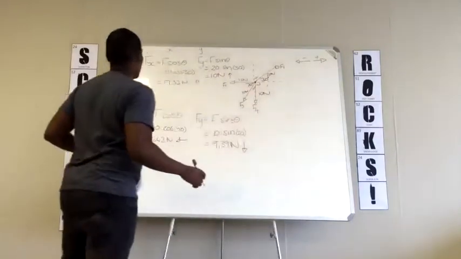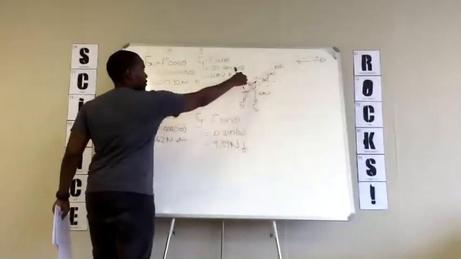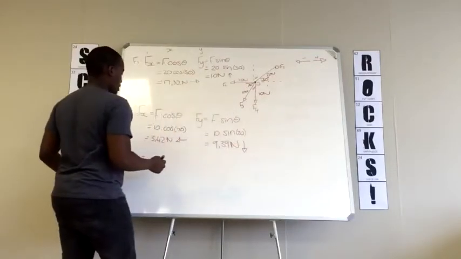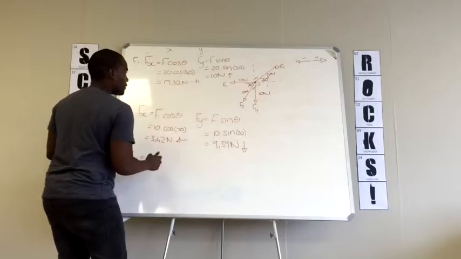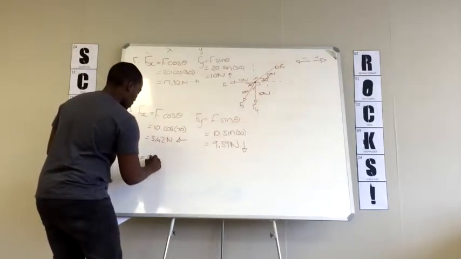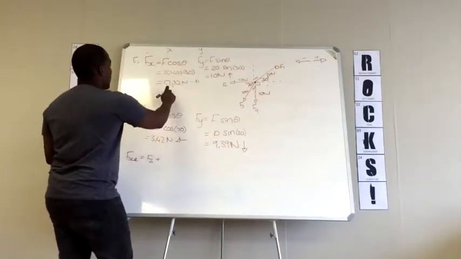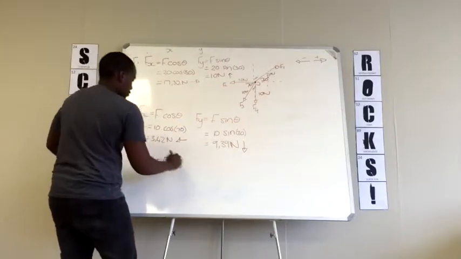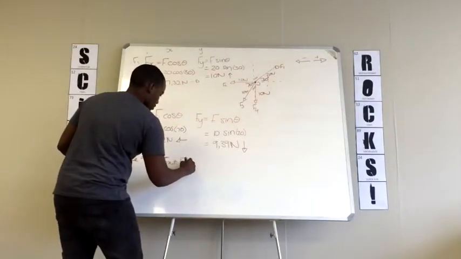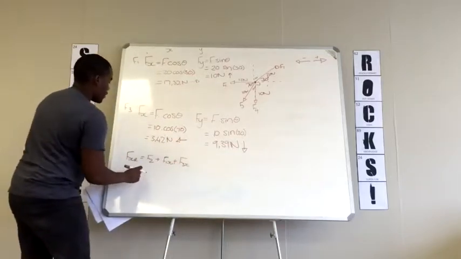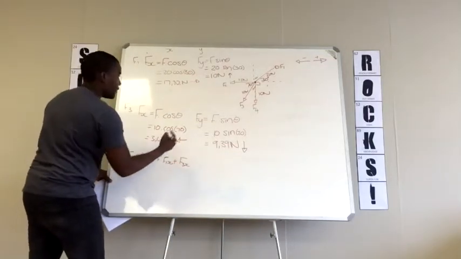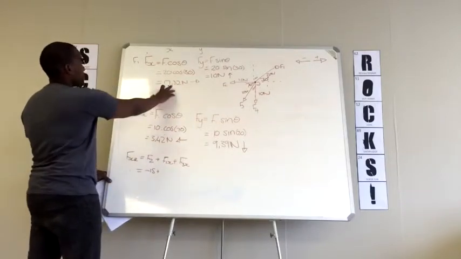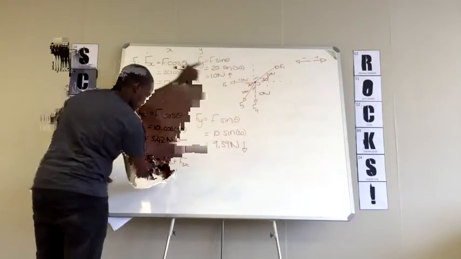Then let's start with the purely horizontal ones. F2 is going to be 15, so we're going to have F2 there, plus F1x, plus F3x. F2 is 15, to the left it's going to be negative 15. F1x is 17.32 to the right.